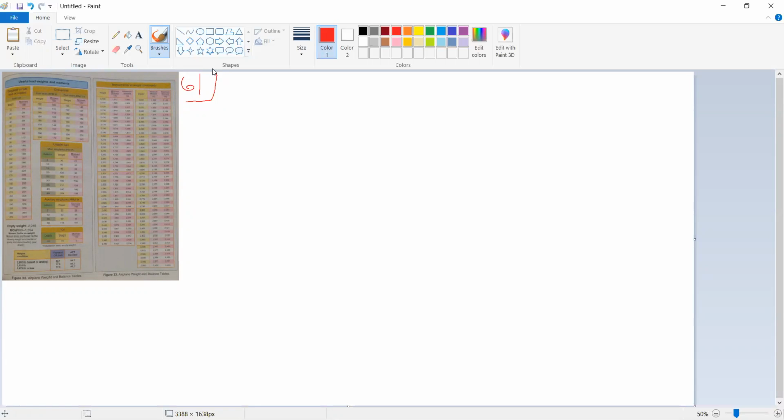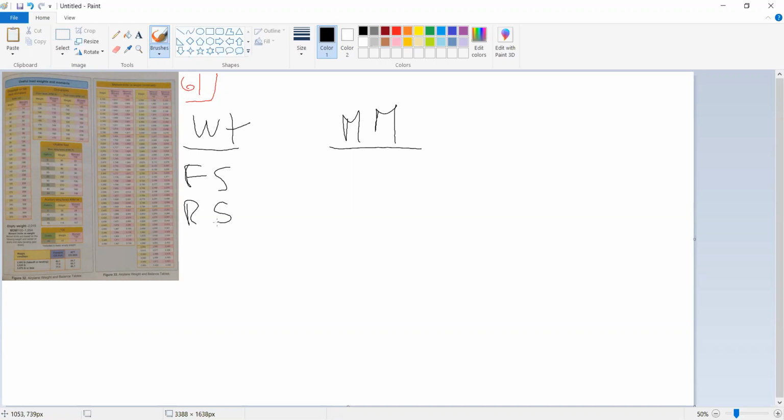So let's write down what we need to know. We need to know the weight and the moment. All right, so let's figure this out. Well, we have the front seat. We have the rear seat.